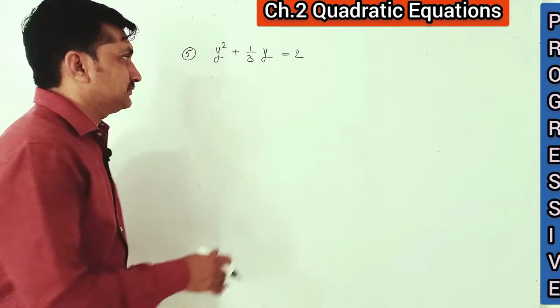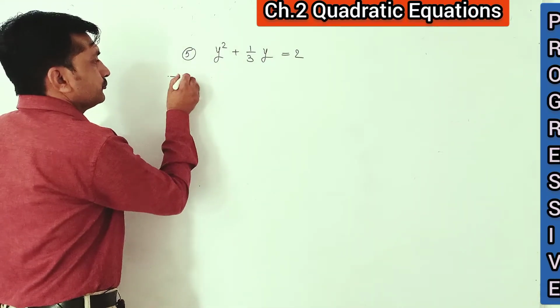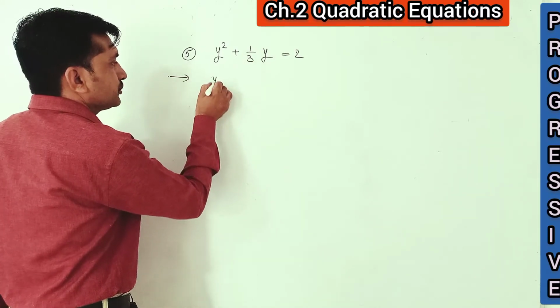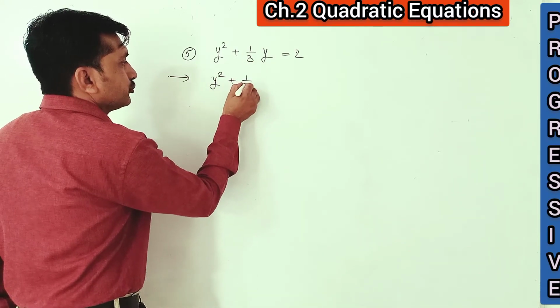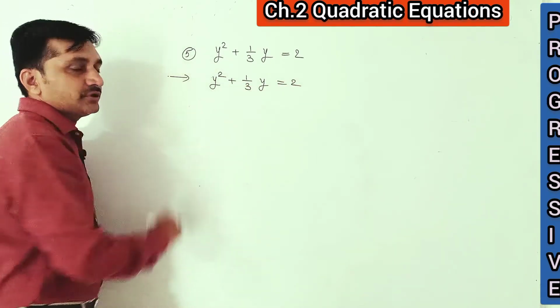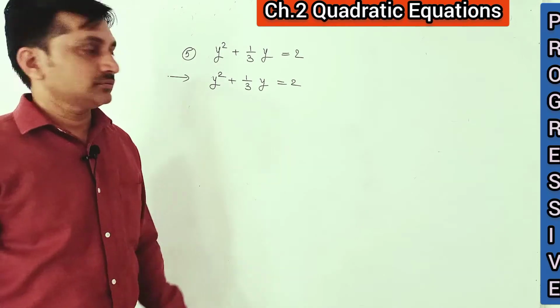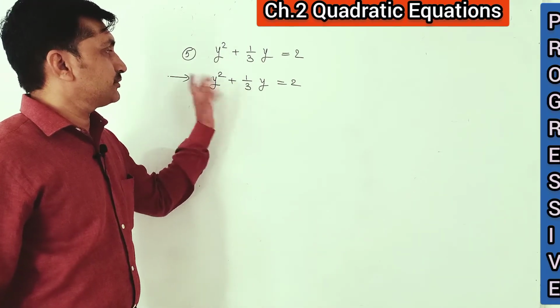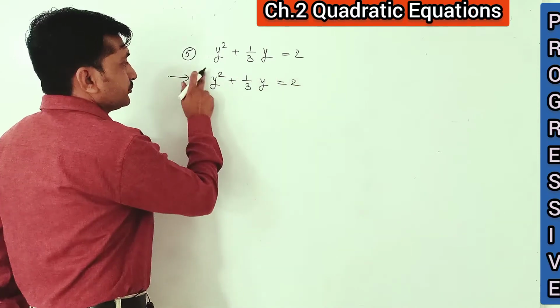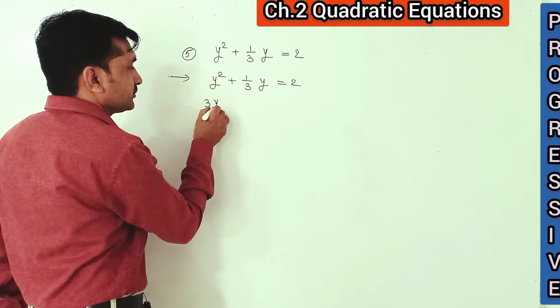Example number 5. Now before comparing, you see that it is not in standard form. Therefore we have to convert this into standard form. Therefore I write again given equation as it is. Now here is upon 3. 3 is in the denominator. If you don't want this 3 in the denominator, multiply by 3 to all. Here, here and here. If you multiply by 3 here, we get 3y square.